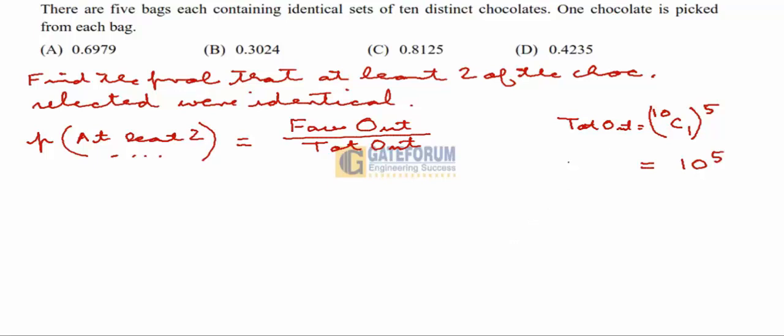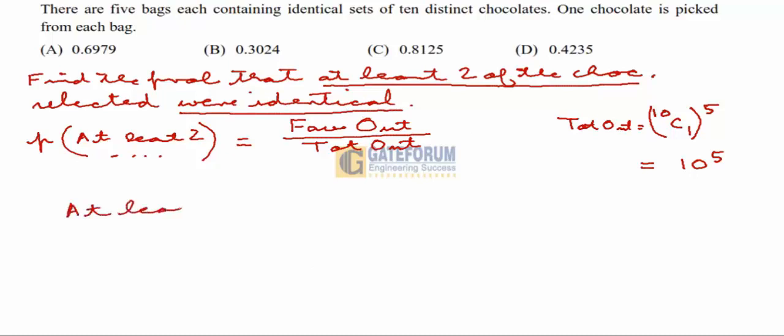Now let us consider the favorable outcome. What is the favorable outcome? That at least 2 of the chocolates were identical. Now, what does at least 2 mean? At least 2 includes 2 chocolates, 3 chocolates, 4 chocolates, and 5 chocolates.